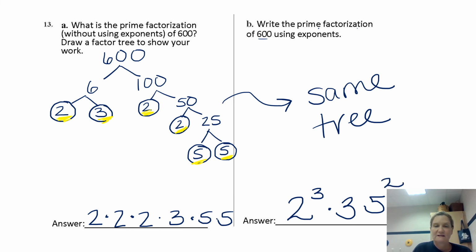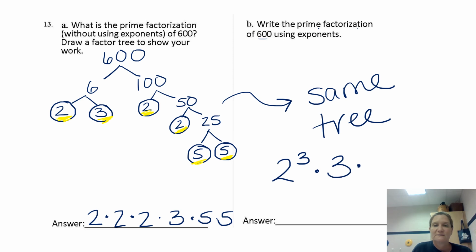All right, and I'm actually going to rewrite that because I know my little video thing is there. So let's rewrite that again. All right, so we have 2 to the third power times 3 times 5 to the second power. All right, moving on.